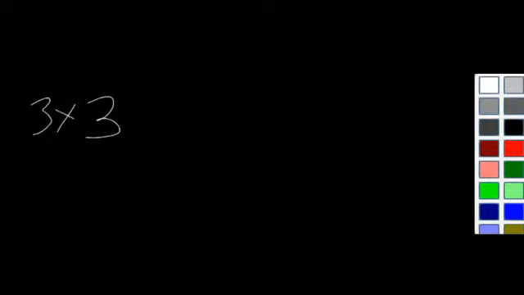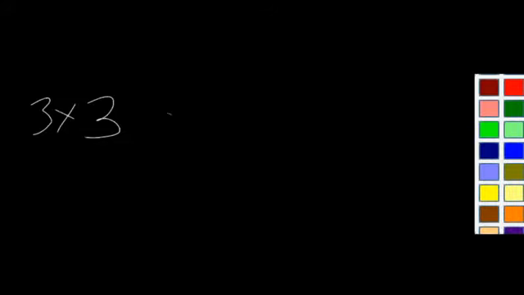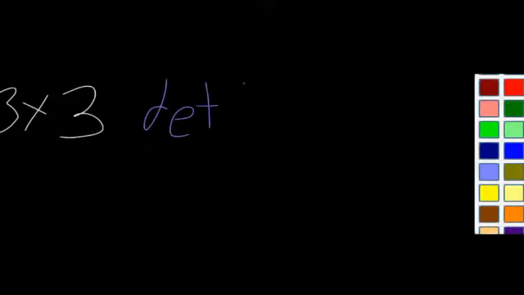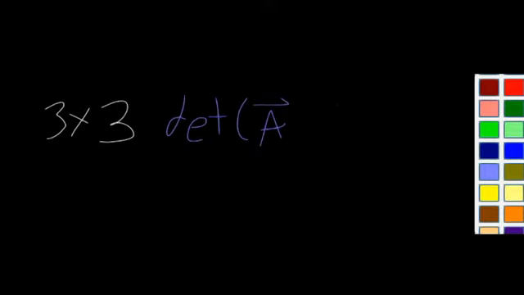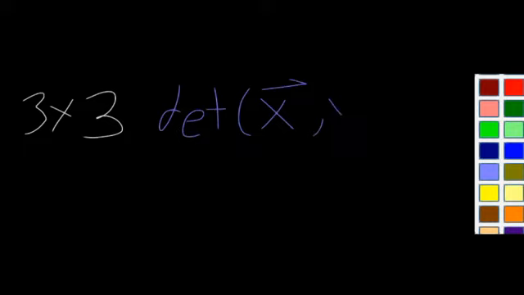Which means we would require, what's the determinant of vector X and vector Y, where vector X has 3 components, is a 3-dimensional vector, and vector Y has 3 components as well. It's a 3-dimensional vector, of course, otherwise you can't really get the product.